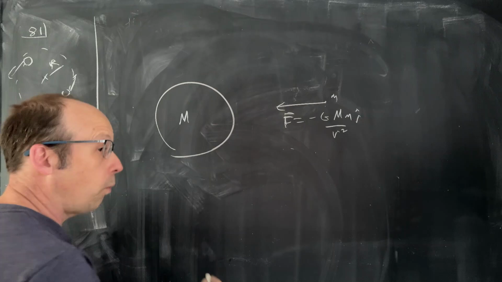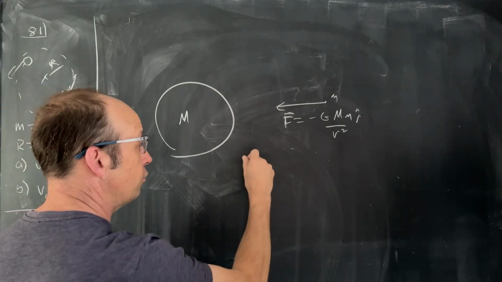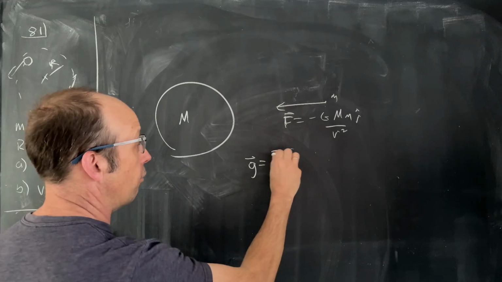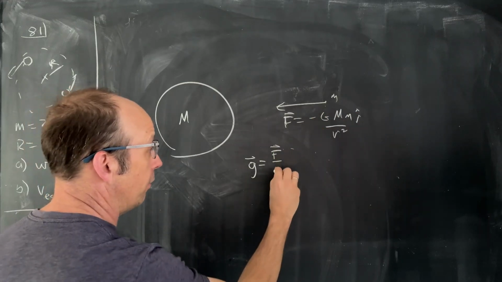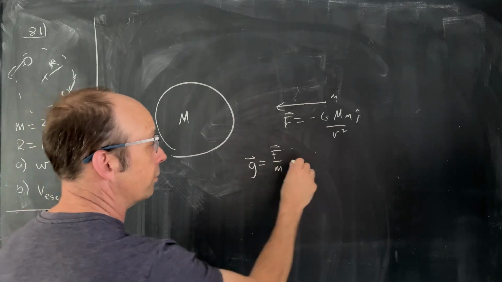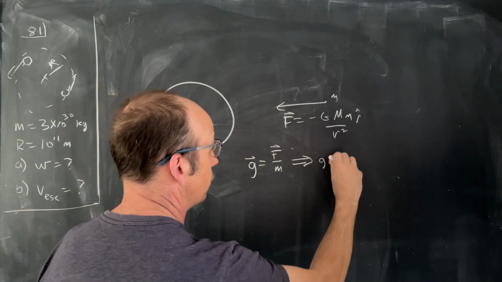That's r hat. Well, we also have the g, little g, as a vector, and it's going to be the gravitational force on a mass m divided by that mass. So it's the force per unit mass. This is what's called the gravitational field.